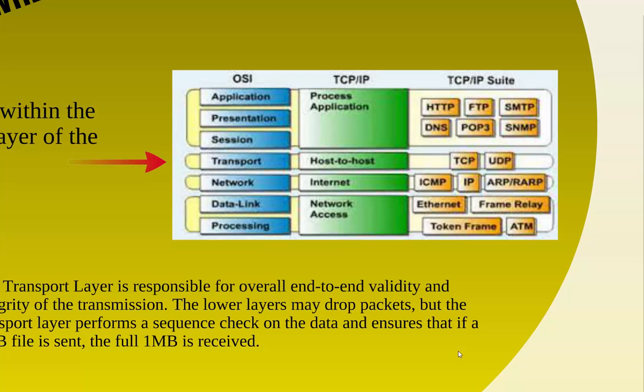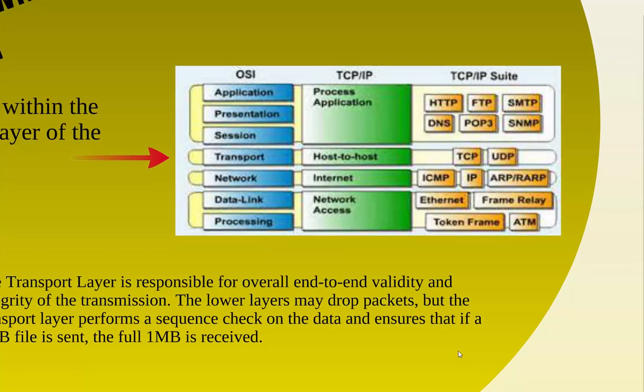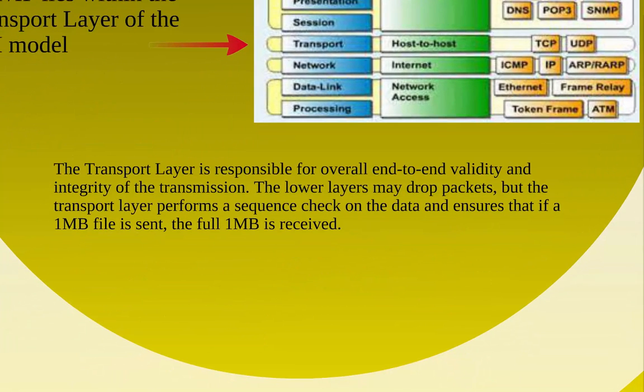You can see that on the transport layer over to the right is where the TCP and UDP protocols operate. Above that in the application layer are the other protocols which we'll talk about momentarily. So the transport layer being responsible for the end-to-end validity and integrity of the transmission.